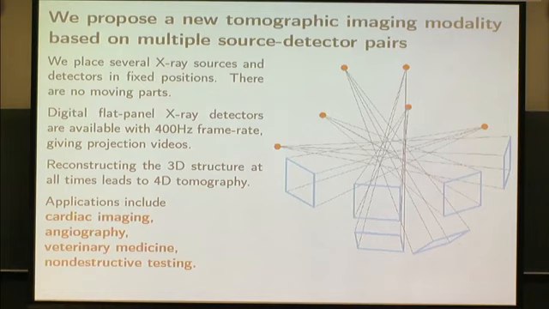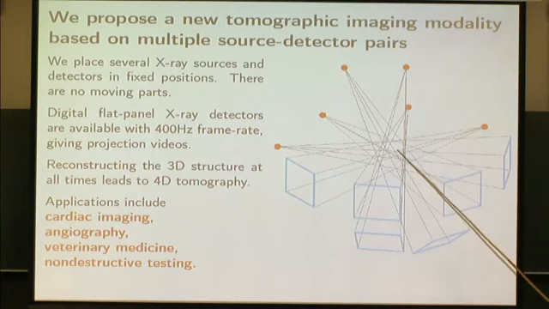So then, why not try this kind of new X-ray modality where we place X-ray sources at fixed positions in 3D space. Each of them has their own flat panel detector opposite to it. Each of the flat panel detectors is capable of a good frame rate, for example, 400 pictures a second.